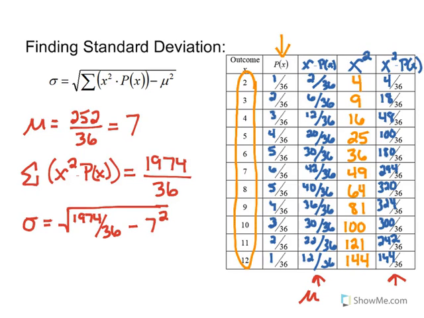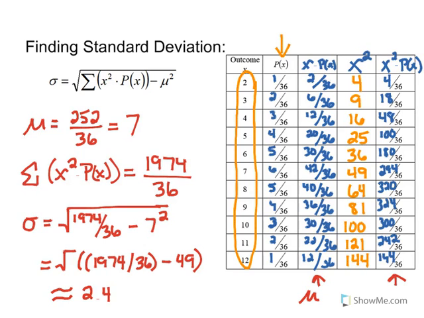And I just want to warn you that if you're typing this into a calculator, you're doing square root, and then you see a set of parentheses, and then you open a new set of parentheses and do 1974 divided by 36, close one set, minus 7 squared, or minus 49, and then close. And this comes out to be approximately 2.4, which is the same as what we had found when we did it on the calculator yesterday.